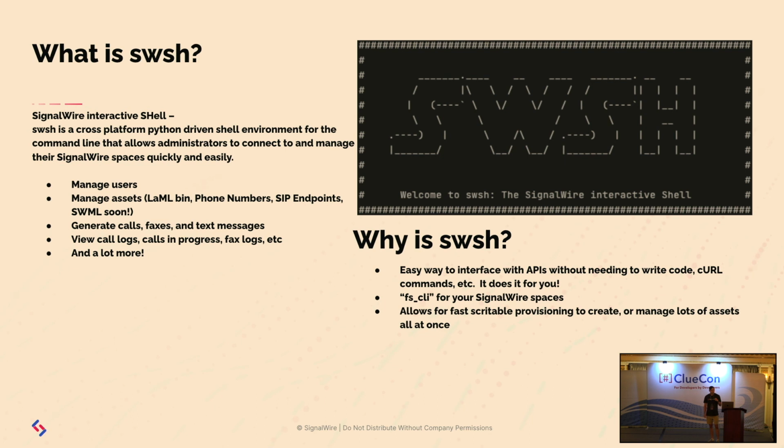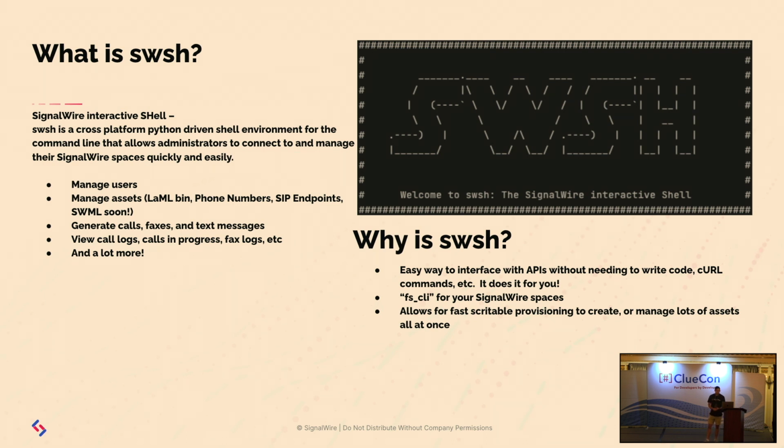So I think I showed off something like this buy a phone number script that I had, and Brian was like, this is great. It would be really awesome if we had like an FSCLI kind of thing that we could tap into SignalWire and just allow new users or non-coding type users, non-advanced users, a way to be able to type in some commands that are repeatable, scriptable, whatever, and be able to manage their space that way.